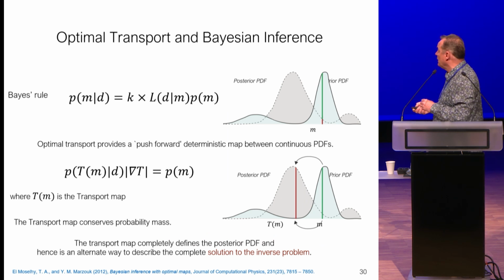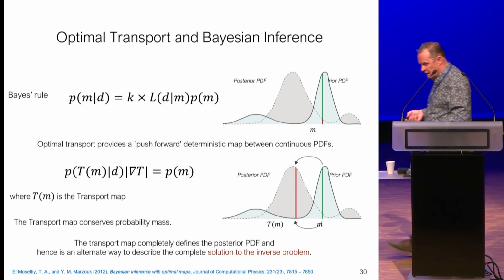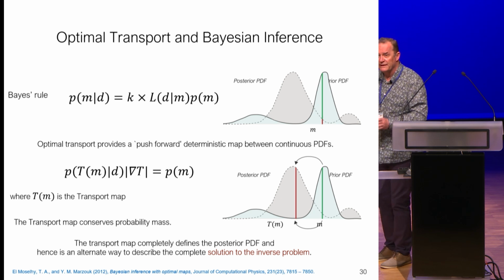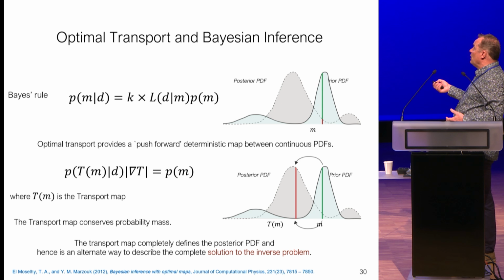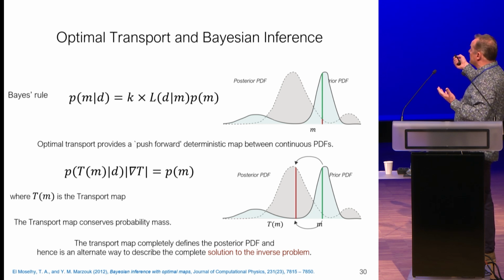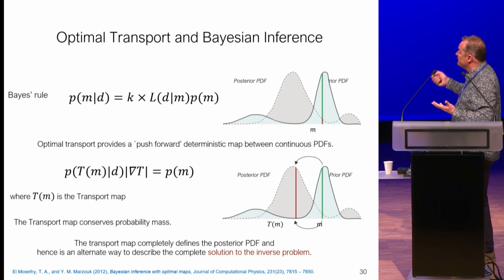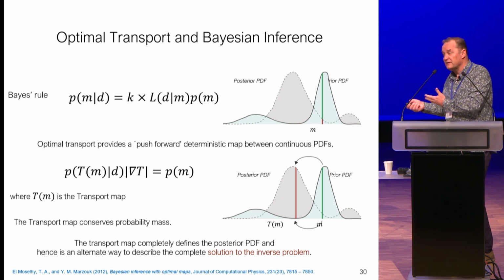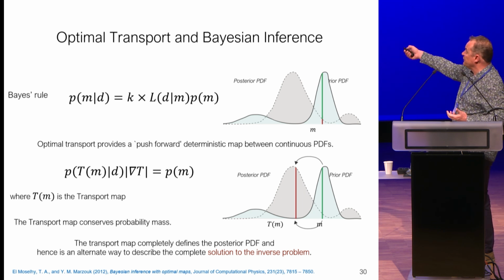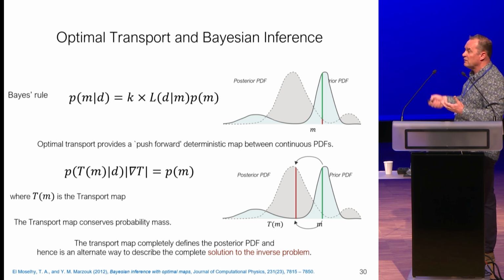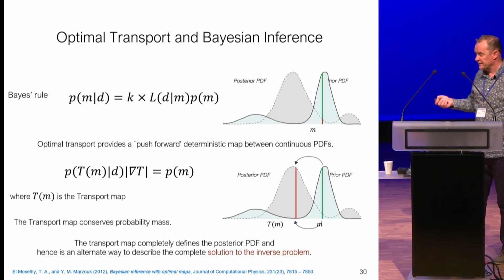Okay, so I just want to finish off with an exploration beyond misfit functions into Bayesian inference. So, in Bayesian inference, that many of you will know, Bayes' rule connects a prior distribution P of M to a posterior distribution P of M given D. So this is a framework for all inference.